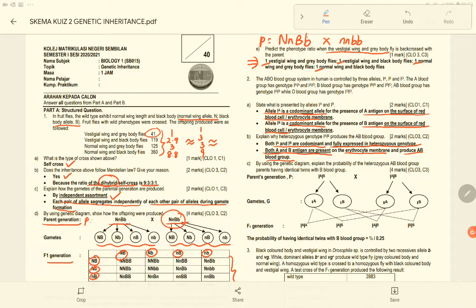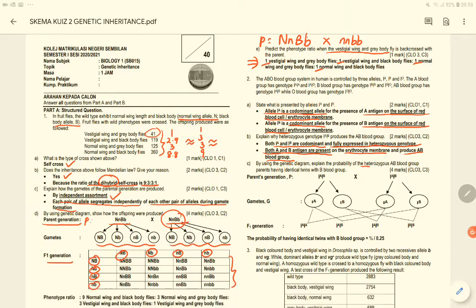Next question: by using a genetic diagram, explain the probability of heterozygous AB blood group parents having identical twins. Both parents are AB blood group.